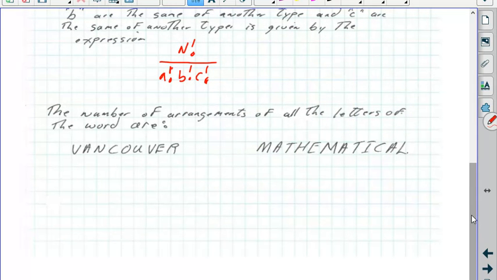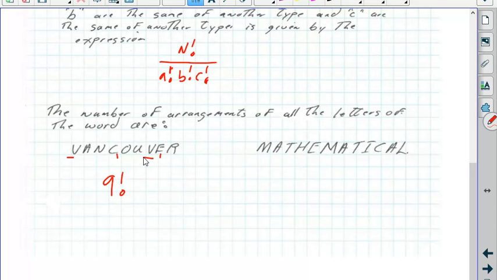So with Vancouver, we have 2 V's in the word. We have 9 letters. If those 2 V's were different, we would have 9 factorial ways to arrange that word. But the 2 V's are not different.